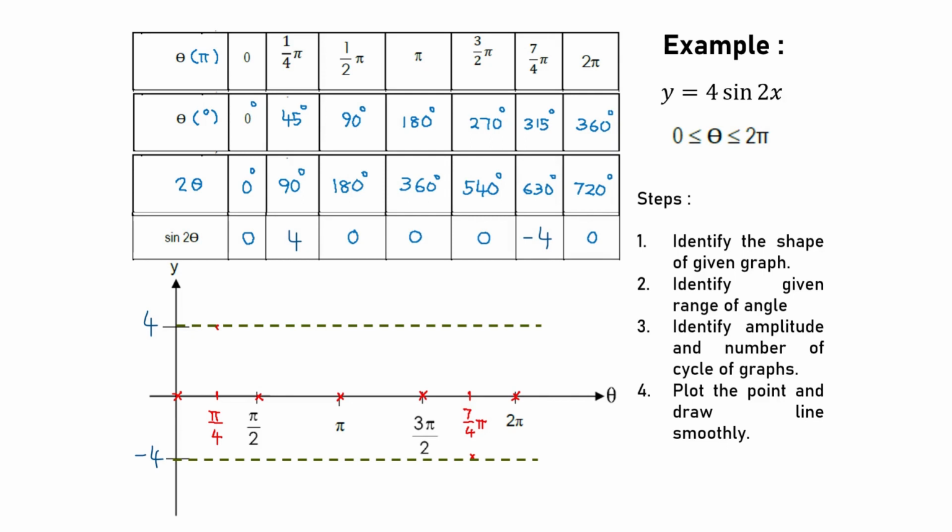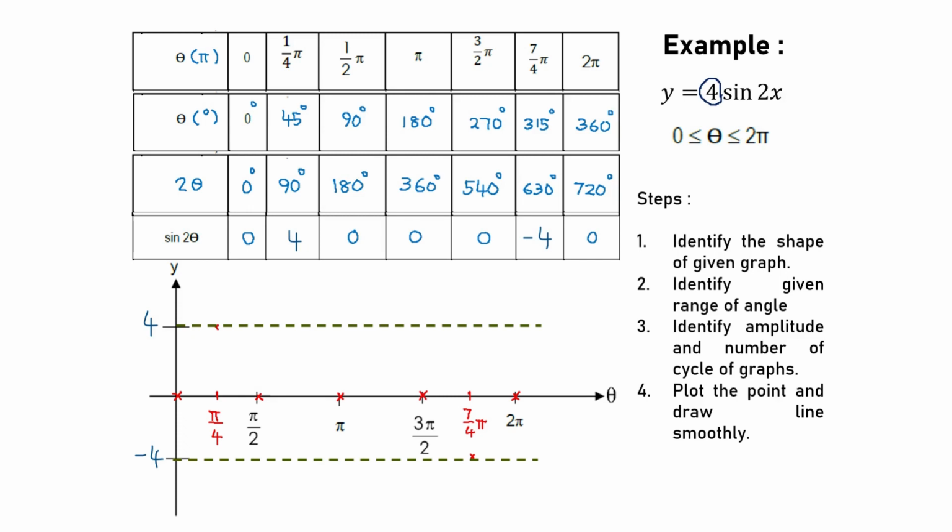Okay. The second one, range. So refer to this one given to you, 0 until 2 pi. Identify amplitude. So the amplitude here refers to this number 4. So in this graph it is 4 here, and the minima is -4.